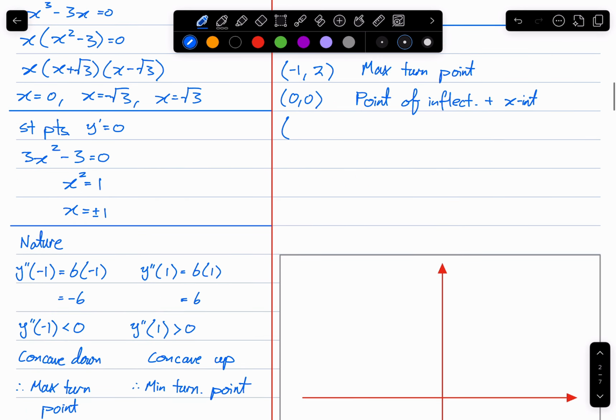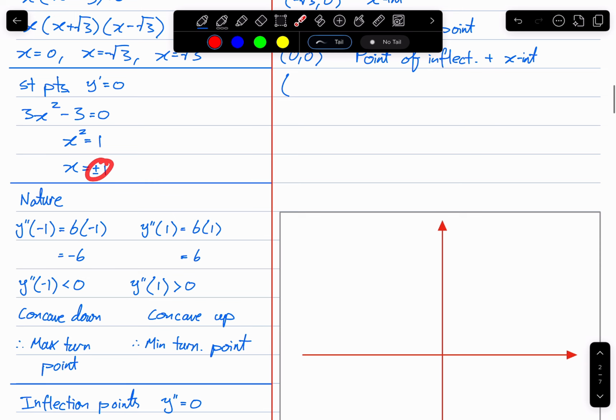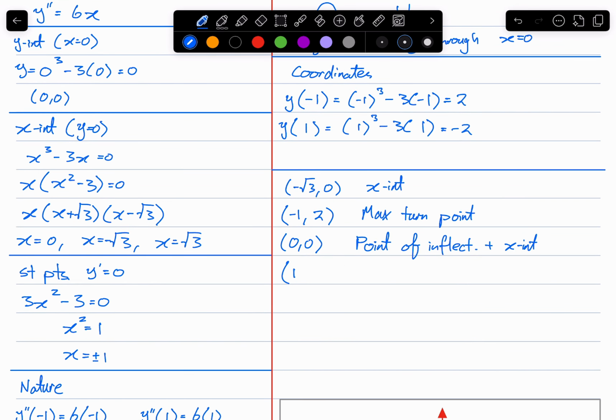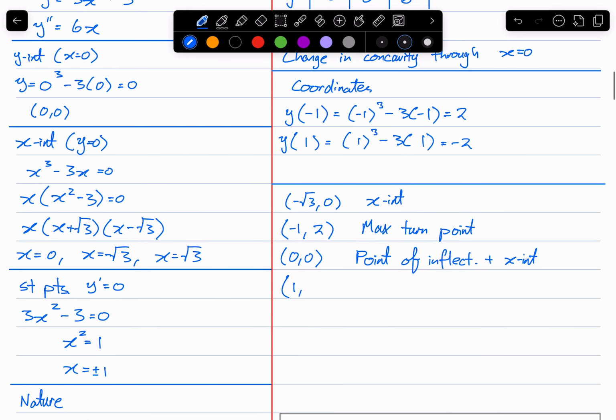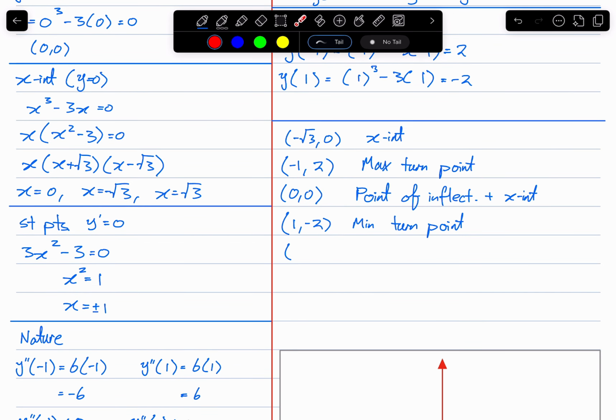Our next x value, the next highest, is +1. I don't see any others here, so 1. And we saw that that had a y value of -2. That's a minimum turning point. And lastly, we had positive root 3, 0, and that's another x-intercept.